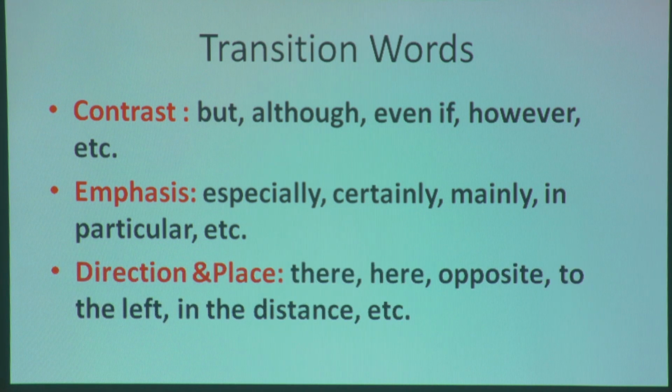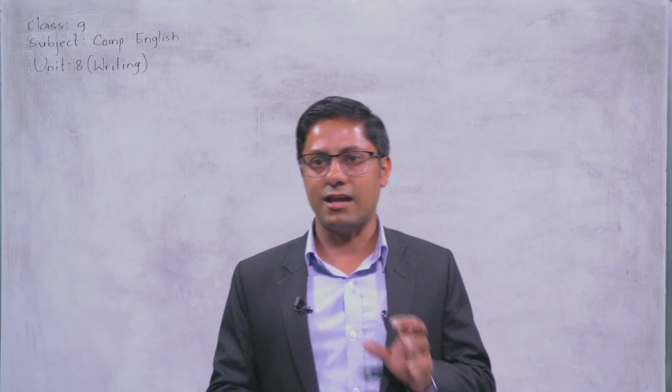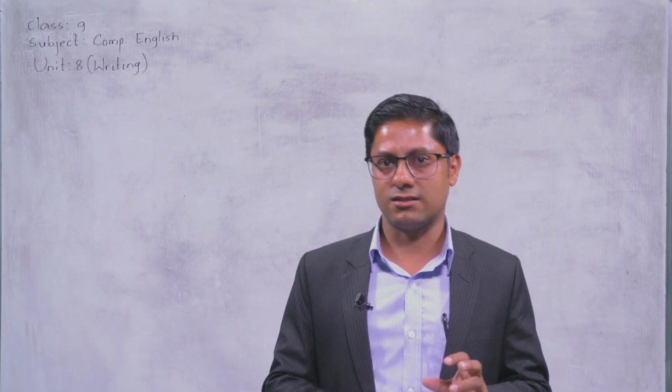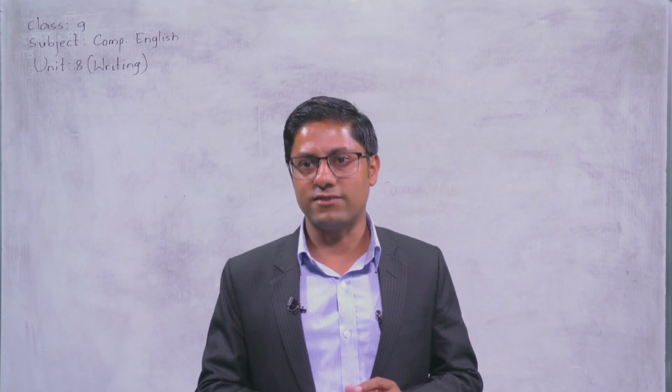Look at the next. Another type of transition word is for giving direction and talking about place. That means they are used to give direction and to talk about location or place. There, here, opposite, to the left, in the distance: such transition words are used to talk about direction and place. In this way, in our previous class, we had discussed different types of transition words.